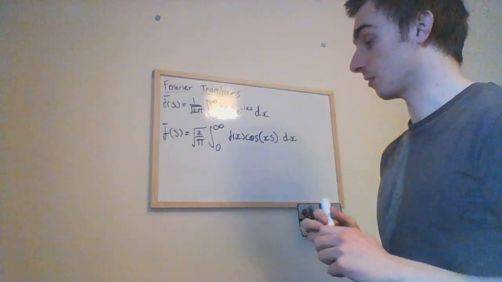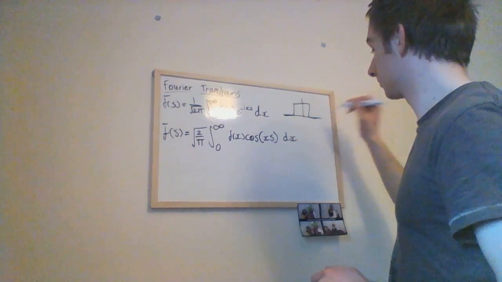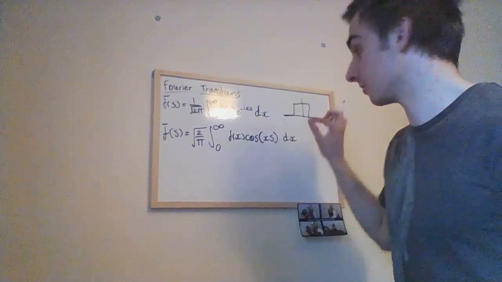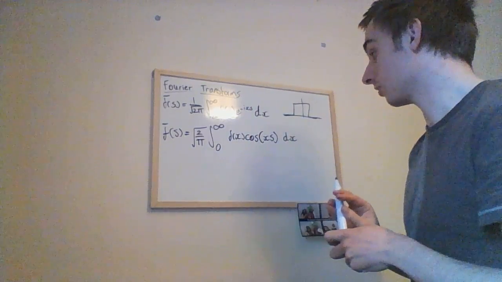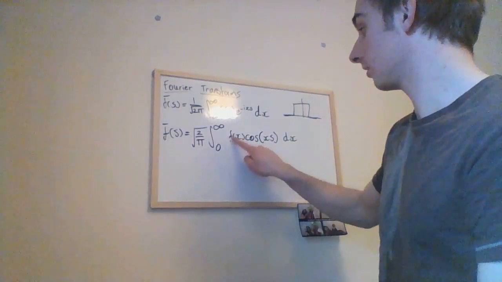So then, remember our function, it was a square pulse wave, which is 0 everywhere apart from this one place where it's 1. So we can forget about all of this 0 nonsense here, and we can just make this function into a 1.